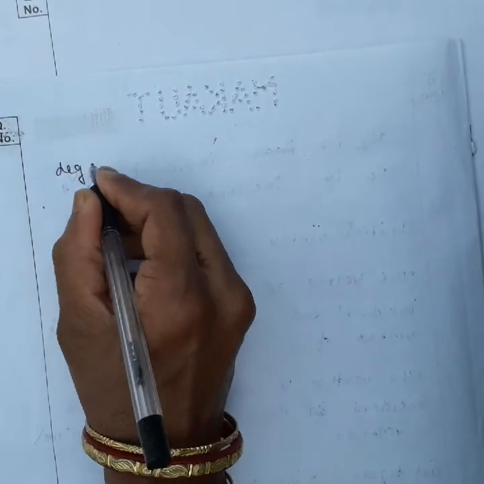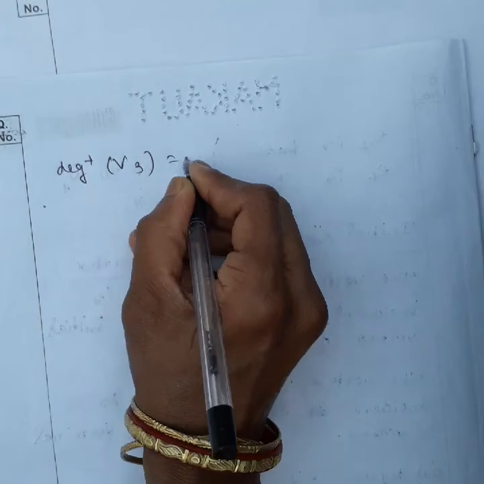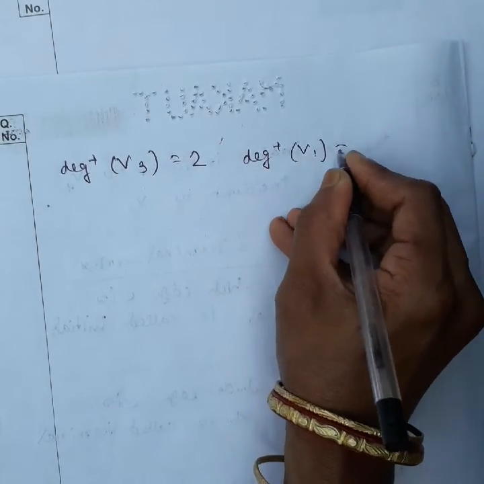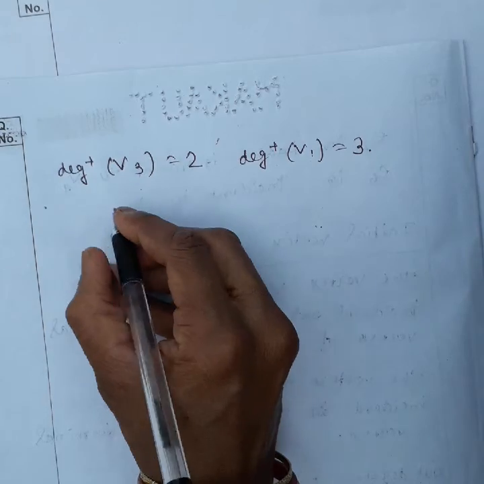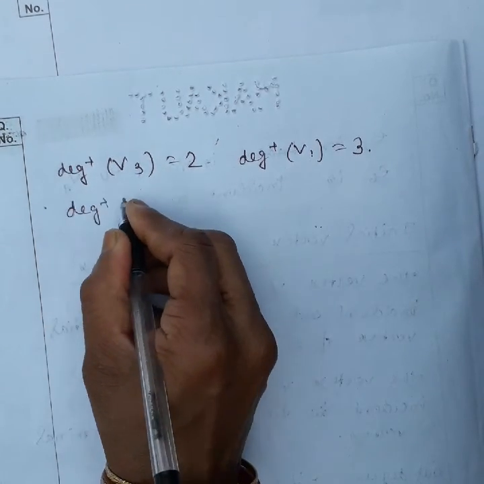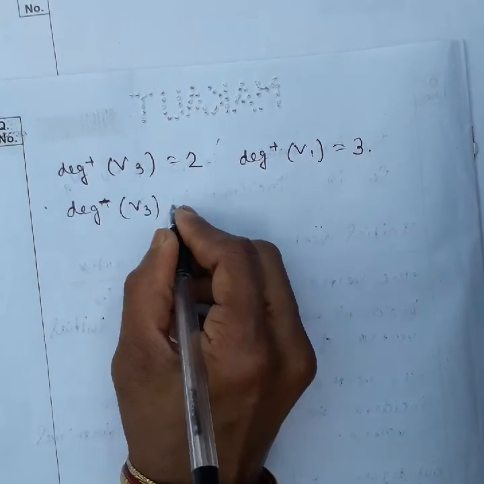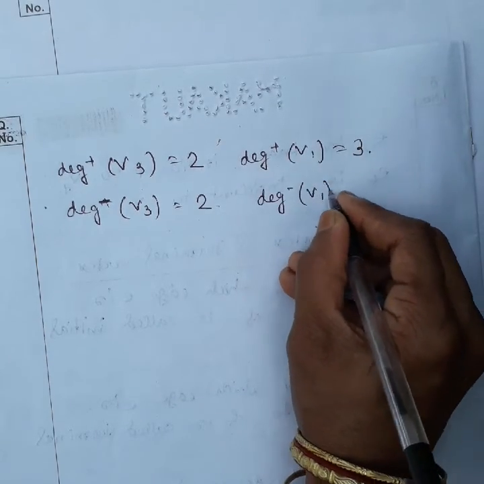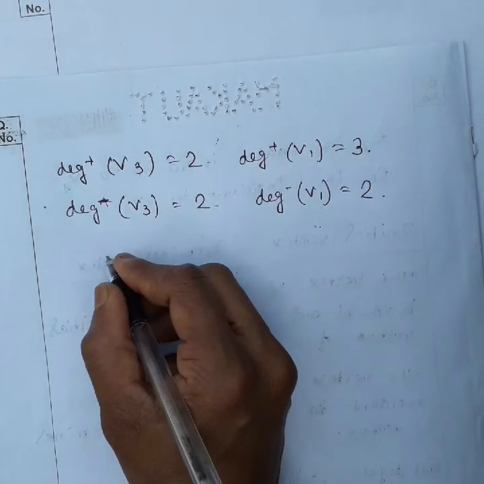So degree plus of V3 is equal to 2. Degree plus of V1 is equal to 3. Degree minus of V3 is also equal to 2, and degree minus of V1 is equal to 2.